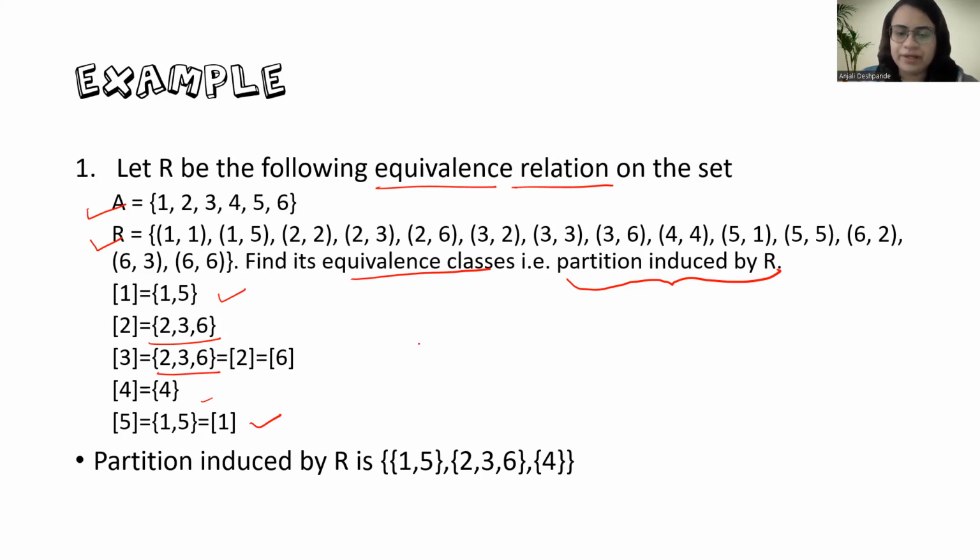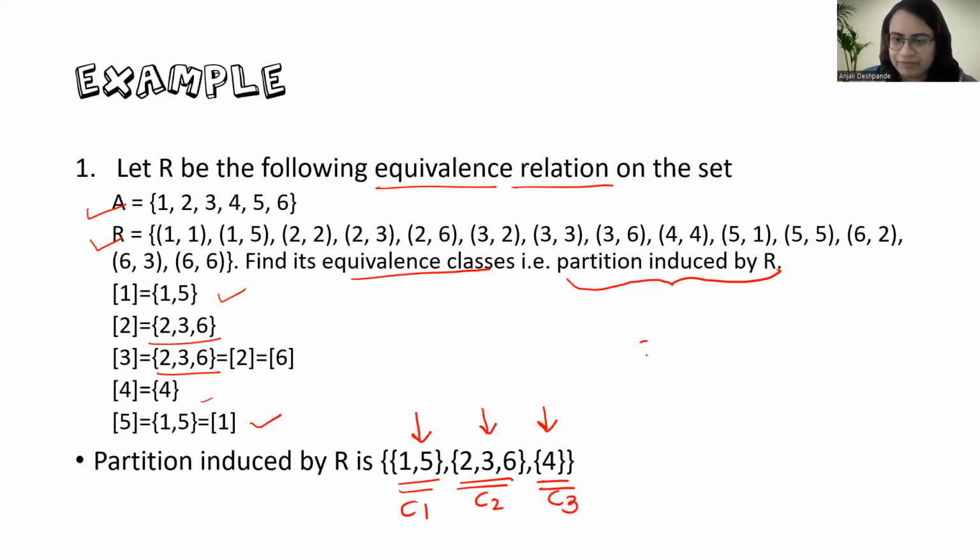So when you take these equivalence classes and put them into a set, that gives you the partition of the set A, which is induced by the equivalence relation R. So as you can see, the equivalence classes are uniquely taken. And if you look closely, these three subsets, C1, C2, C3, they satisfy all three properties.